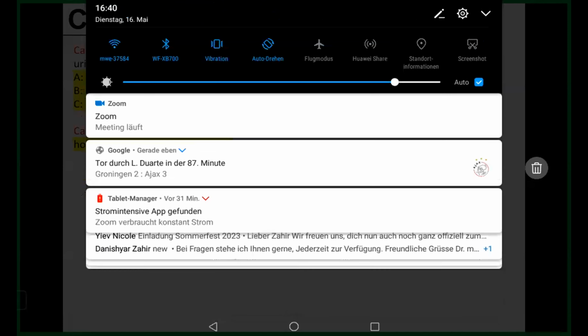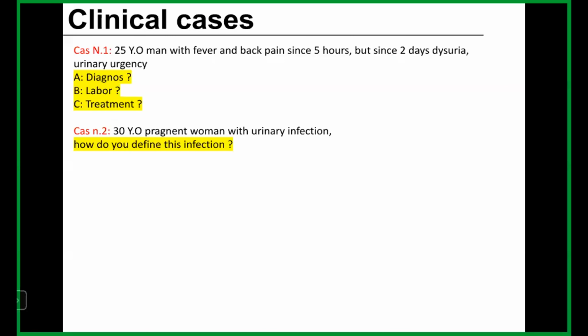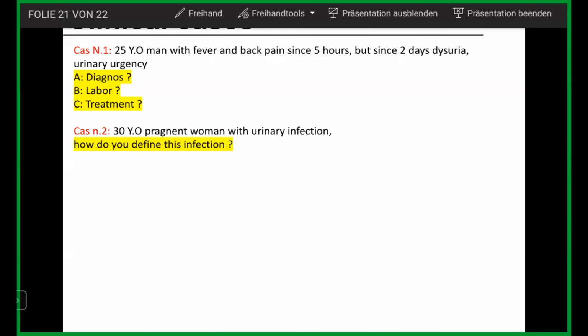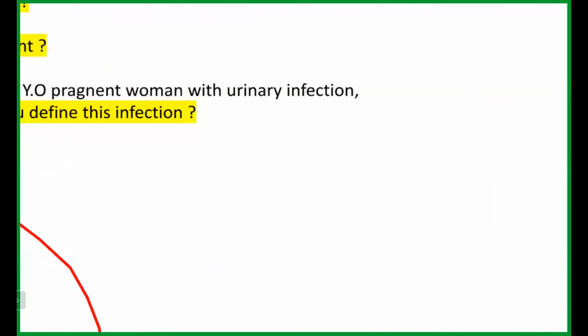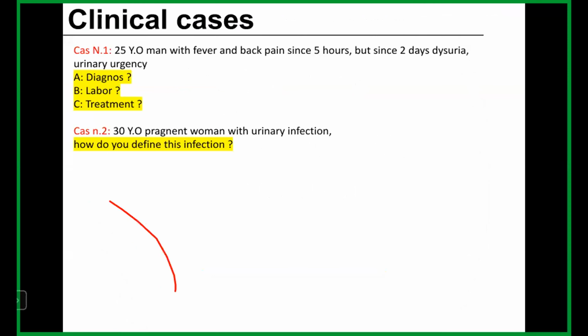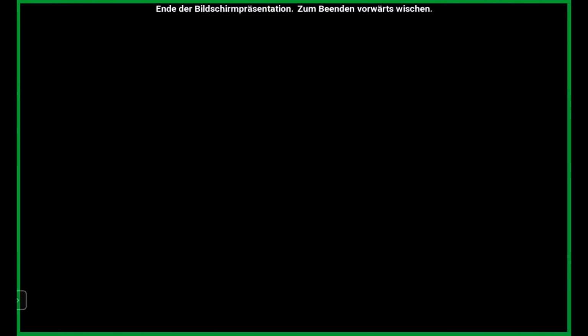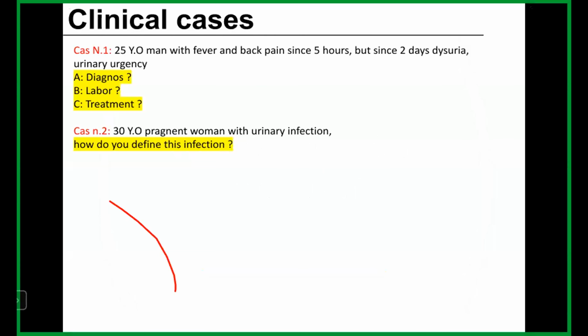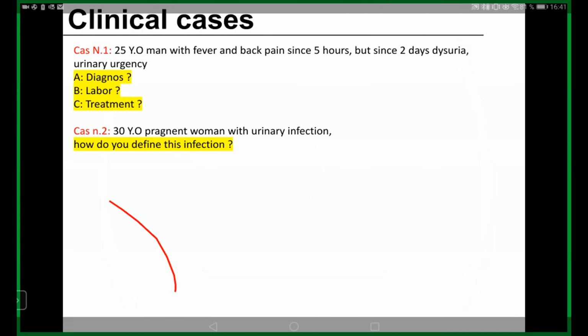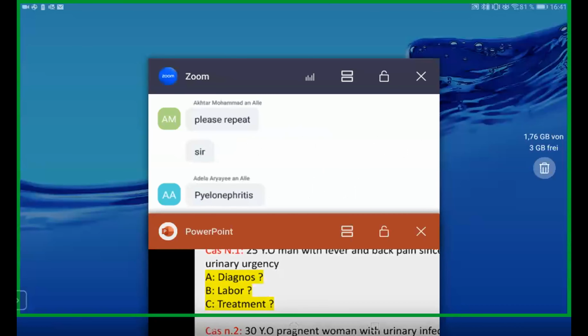I hope that my technical team is hearing me. I want to use the whiteboard. Let's check. Yes. I want to just end this topic, and I do a whiteboard.